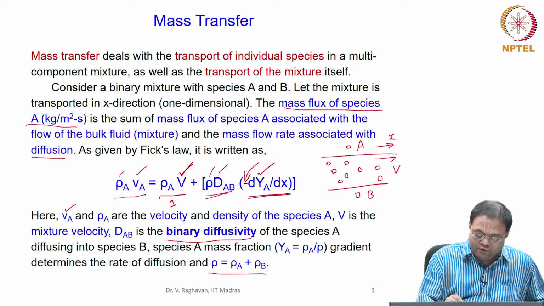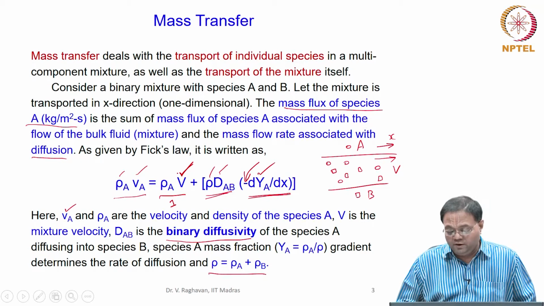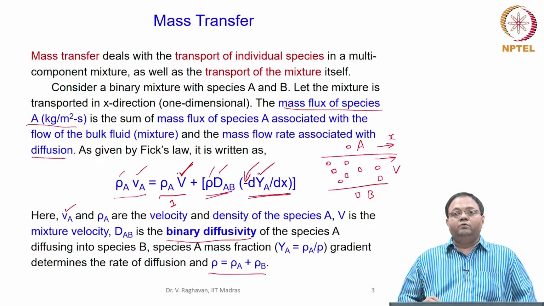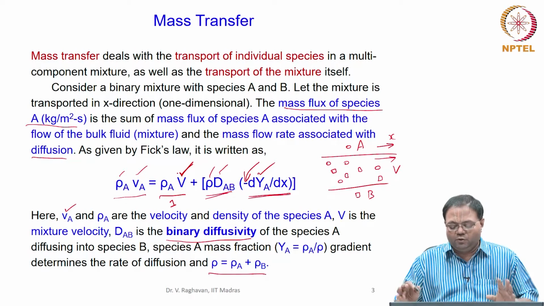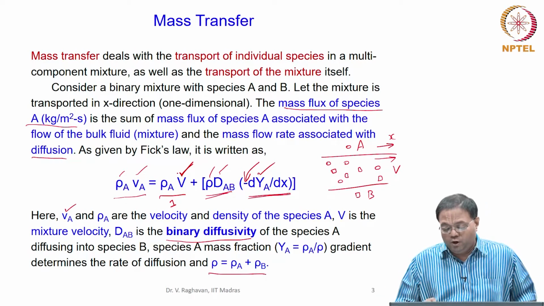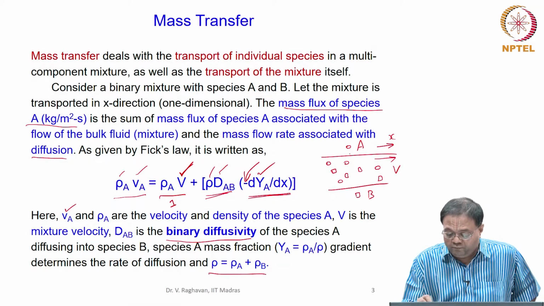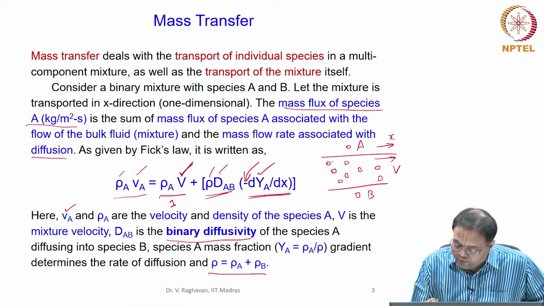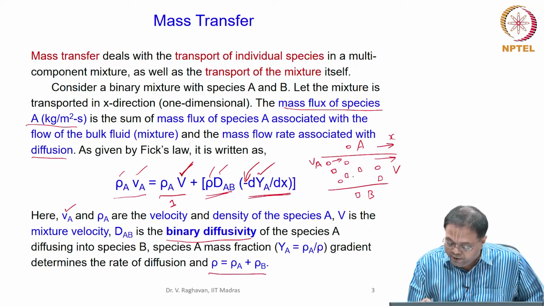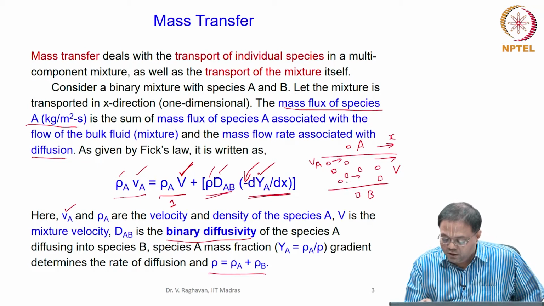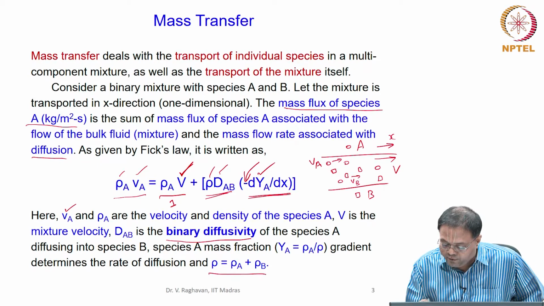So capital V is the velocity of the mixture in the positive x direction. So it's one dimensional. Now species A will be moving with the velocity of VA. Similarly, B, the squares, will be moving with the velocity of VB.